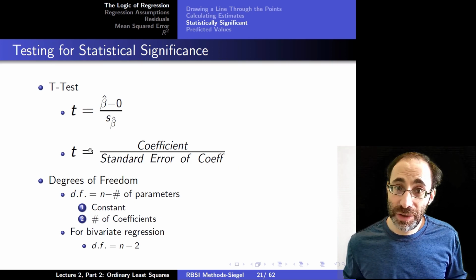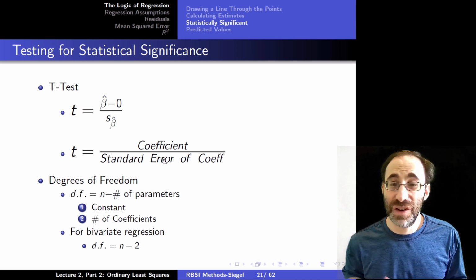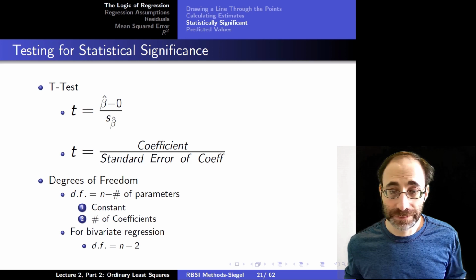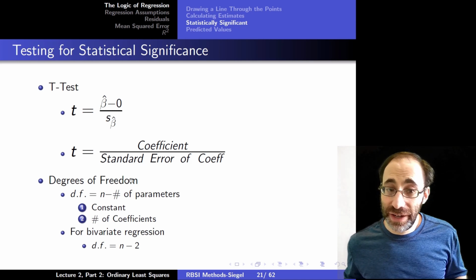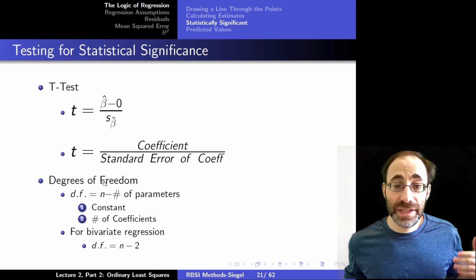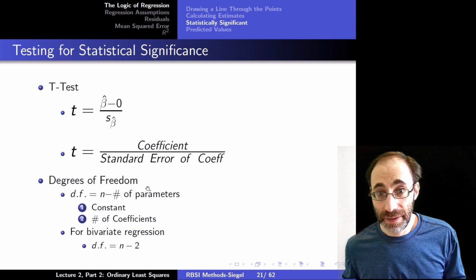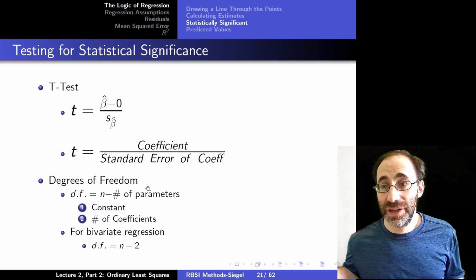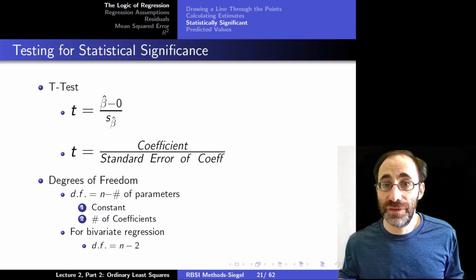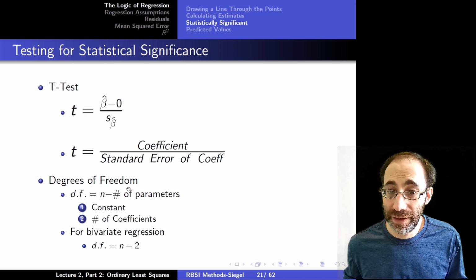This is a t distribution. So again, if it's under 100 data points, you can use the t distribution. If it's over 100, you can use a normal distribution. The degrees of freedom that you look for on a table is the number of data points n minus the number of parameters. Before, you were measuring a single coefficient, and the number of parameters was 1 effectively.